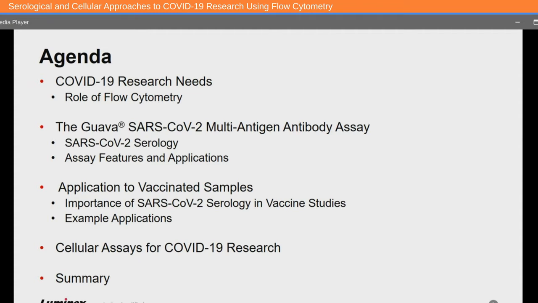We'll show several applications of using the assays for various studies, including those of applications to vaccinated samples. And then we will spend a short time on looking at how flow cytometry can enable cellular assays relevant to COVID-19 research. We will then conclude with a brief summary.